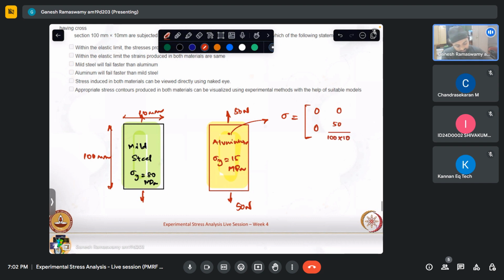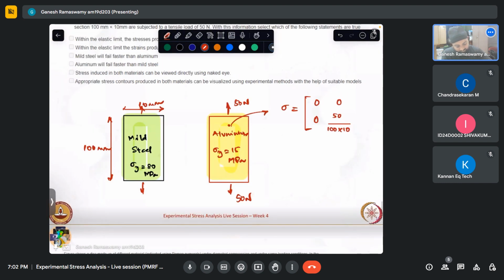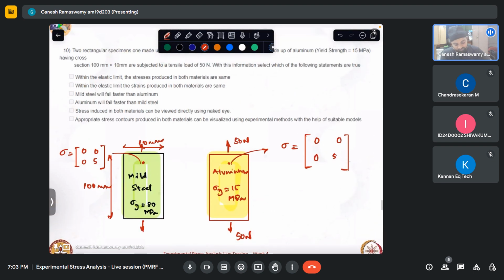Let us take the thickness to be unity. So it is just 50 by 10, which is 5. So this is my stress tensor here. The same will be the stress tensor here also. And since this is uniaxial tension, away from the loading points, at every point the stress tensor will remain the same. So stress in both the materials is the same.